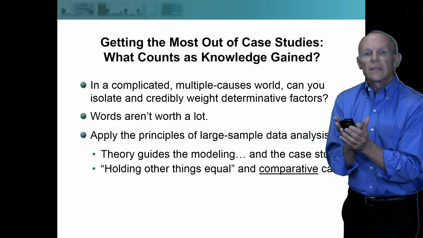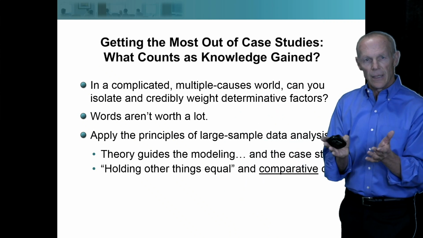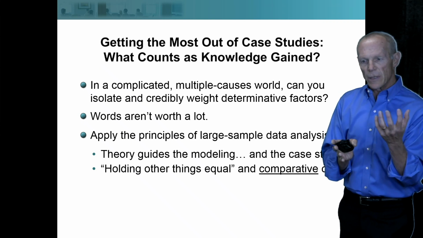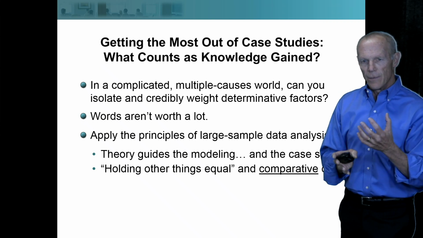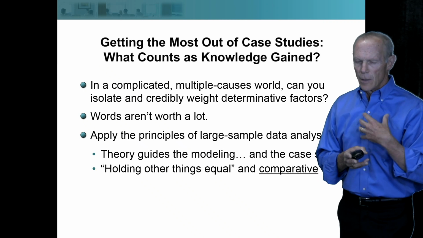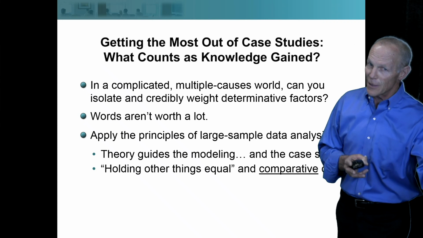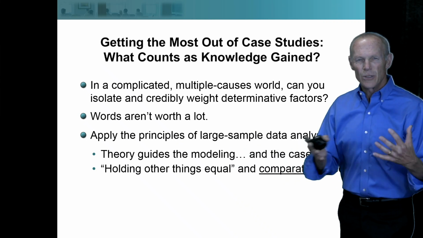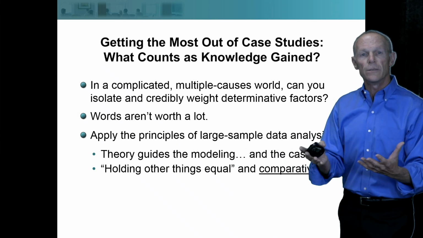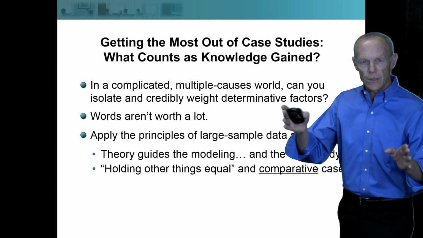What you want to do then is that'll allow you to isolate. If one factor is present in both cases, then you can't say as an analyst that factor is really critical to the success because it was present in both the success case and the failure case. What you're trying to do is hold constant as much as you can to see what the differences are.